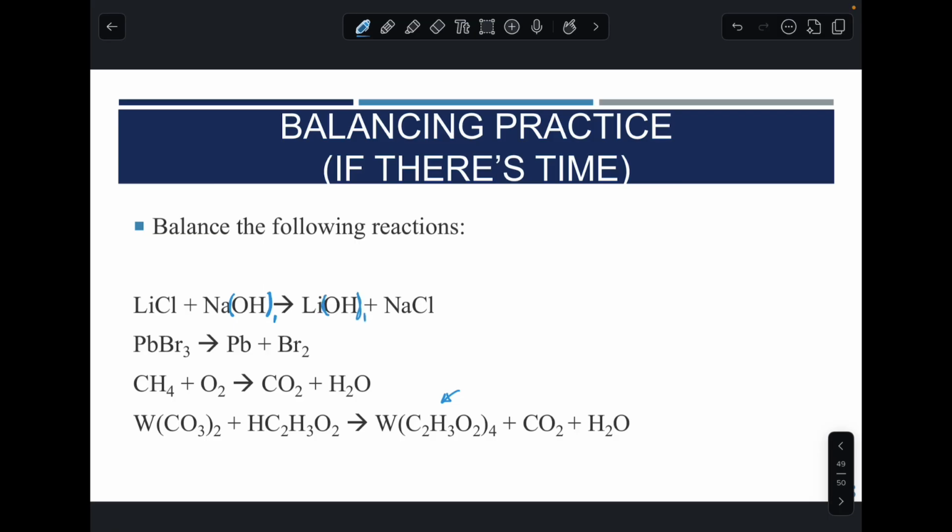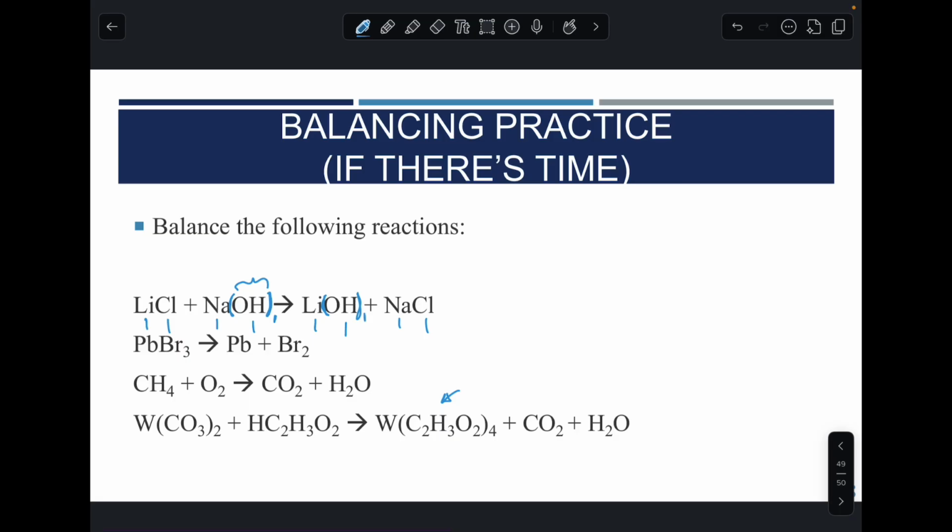There's 1 there too. And so we'll begin by counting the number of lithiums. There's 1 lithium on one side, 1 lithium on the other. For chlorines, there's 1 and there's 1. For sodium, there's 1 and there's 1. And for hydroxides, there is 1 and there's 1. We're treating this entire thing right here as its own species because it's going to stay together on the other side. Keep in mind this doesn't always happen, but today it does.